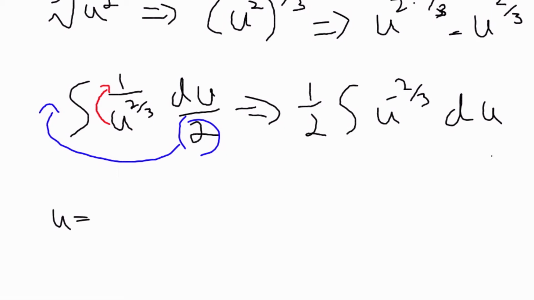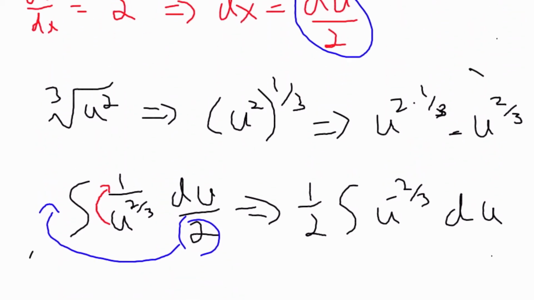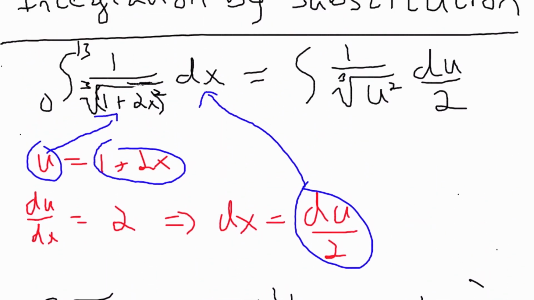We said u is equal to 1 plus 2x. Now for the lower bound, we had a value of 0 and the upper bound was 13.